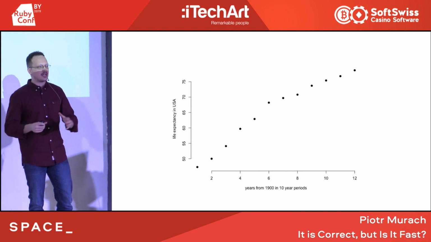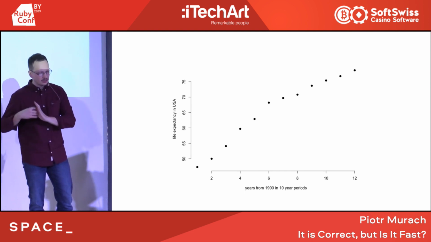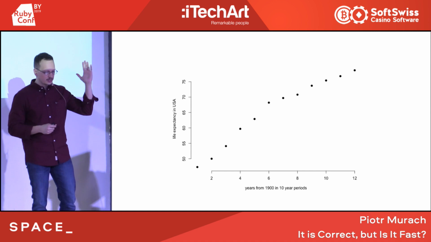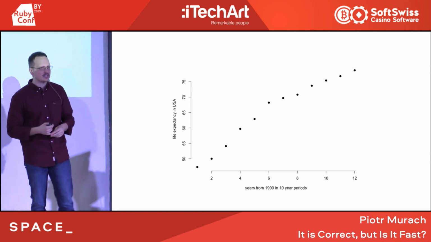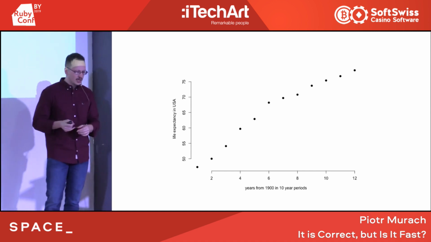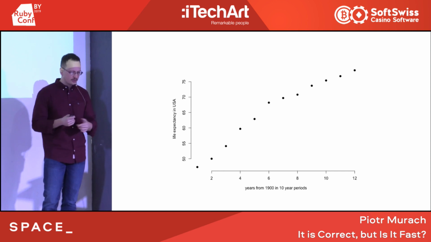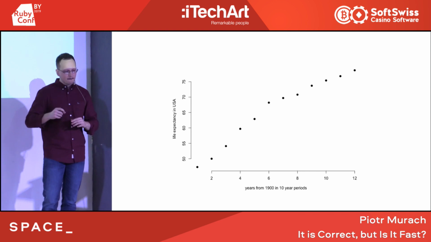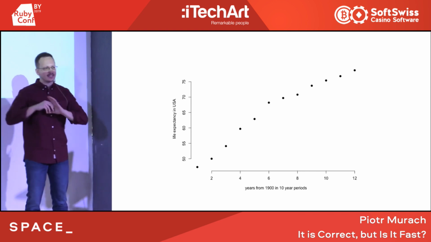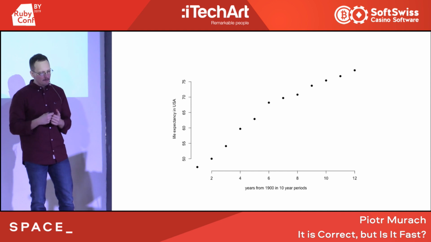You can imagine it as we have a bunch of data points across X and Y axis. In this case, we are looking at life expectancy in the US from 1900 in 10-year periods. And we usually try to find a tendency of all these points.